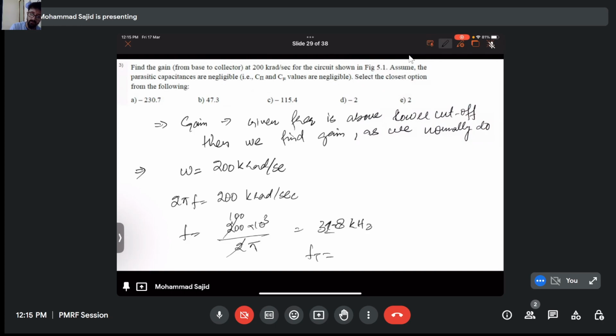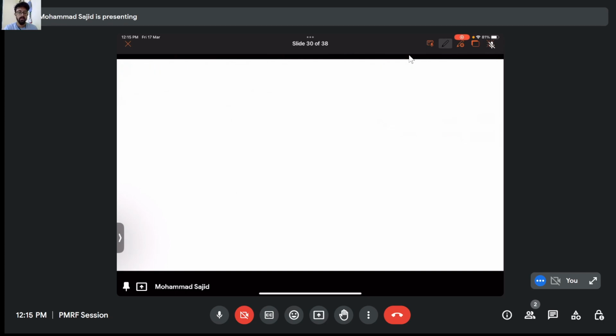My lower cutoff frequency was 10 hertz, so I can proceed and find the gain as simply Vout by Vin, also called the mid frequency gain.